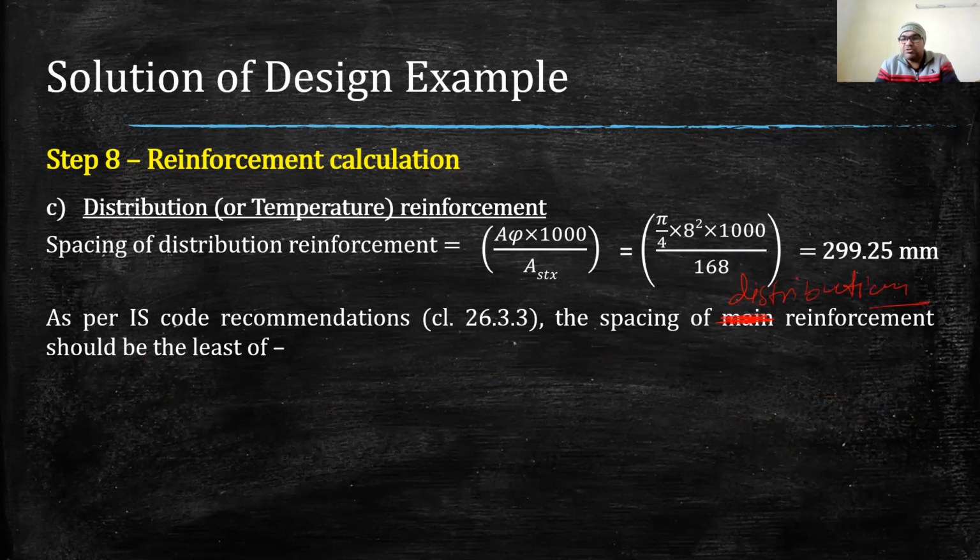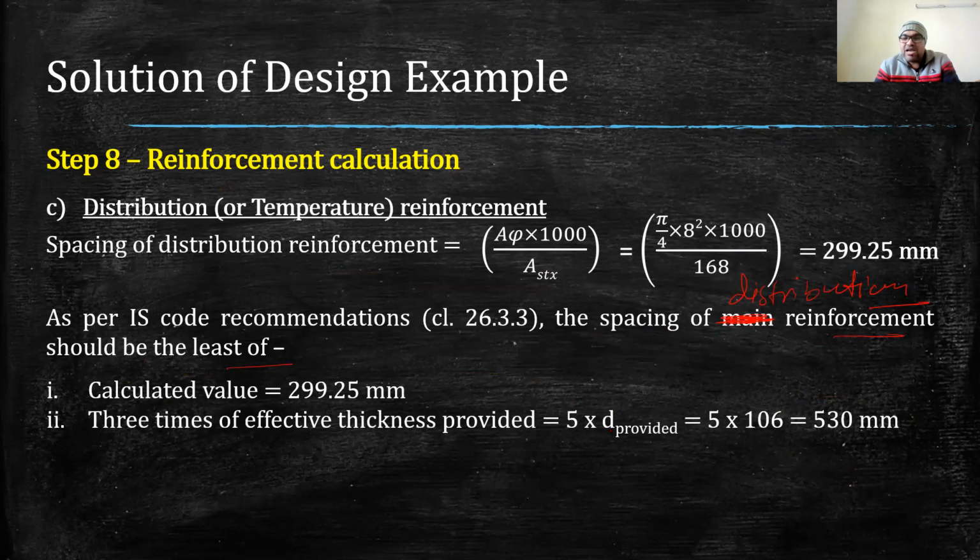The spacing of distribution reinforcement should be the least of the following. Now, the recommendation for distribution reinforcement is different from the main reinforcement. In the main reinforcement, the recommendation was 3 times the effective thickness provided.